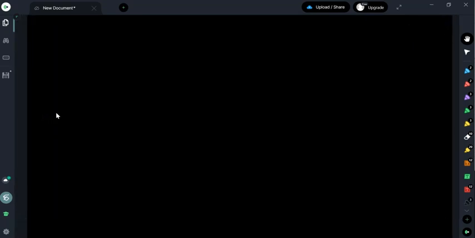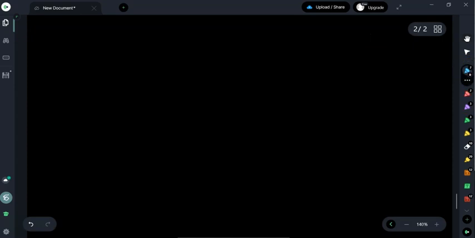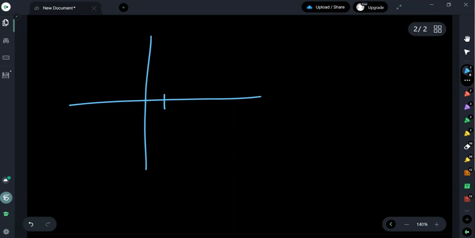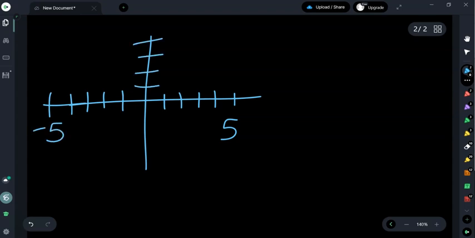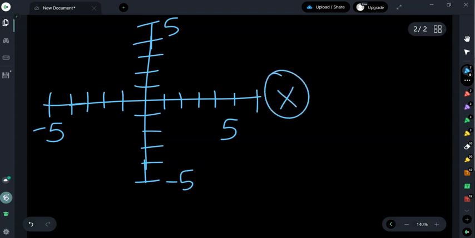Okay, so when we're graphing, what we're going to see is we'll see a grid, and pardon my art challenged graph. So we've got a graph here. And I've got just a simple, here's your x-axis, and here's your y-axis.